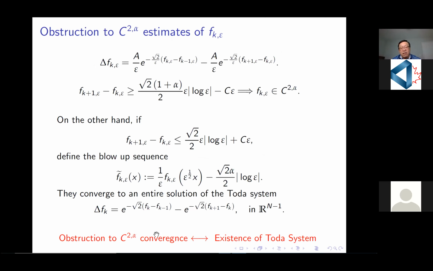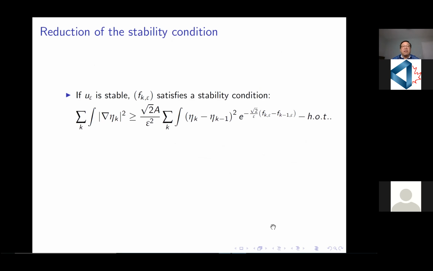Now with this result, the obstruction of the C2 alpha estimate is the Toda system. So with this result, we can use the stability of the solution u, and reduce the stability of the solution to stability of the Toda system.